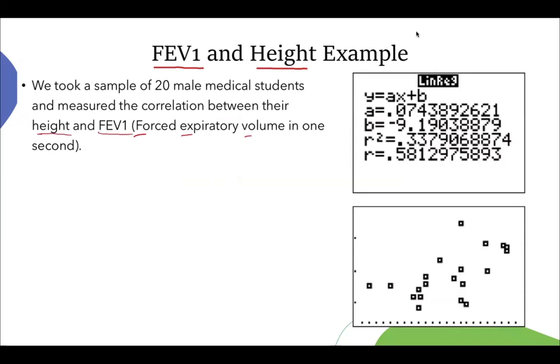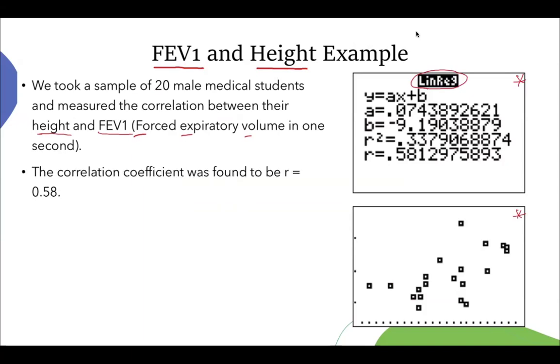And we had 20 pairs of numbers for X and Y. We put them in our calculator and we ran LinReg(ax+b). We got the output shown here. And then we also graphed those points in a scatter diagram, and we got the appearance of these points in the bottom picture there.